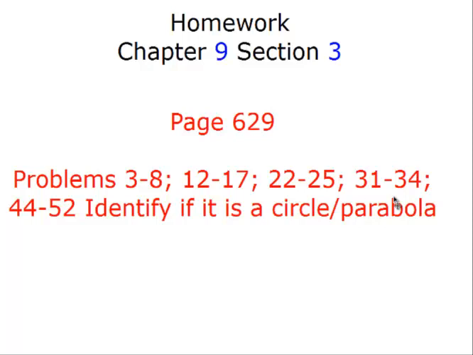And then they want you to identify it and graph it. I don't want you to graph them. I just want you to identify. Is the equation a circle or is the equation a parabola? Is everybody okay with that? So your answers for 44 through 52 should say either circle or parabola. You cannot have both, just one. But what does that equation represent? Okay, everybody good with that idea? Yes, no?